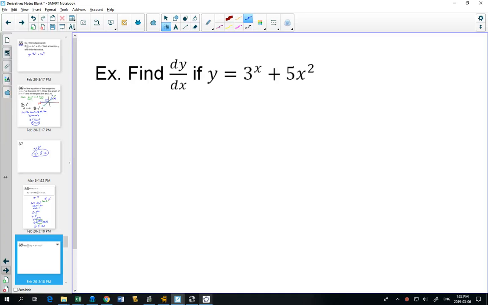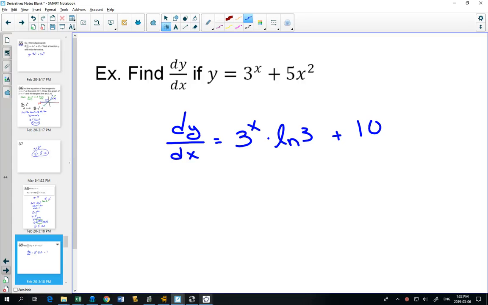So what does that mean if we wanted to find the derivative of something? Any exponential will stay the same and then multiply by the natural log. And here we just have a nice regular power rule.